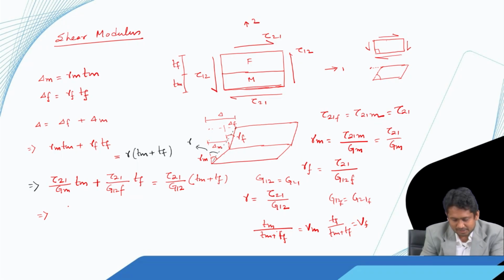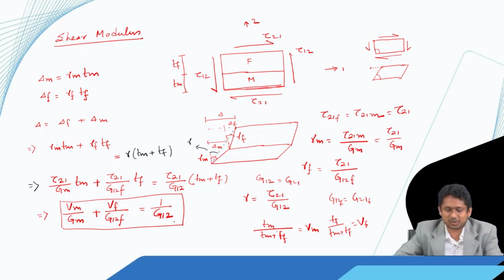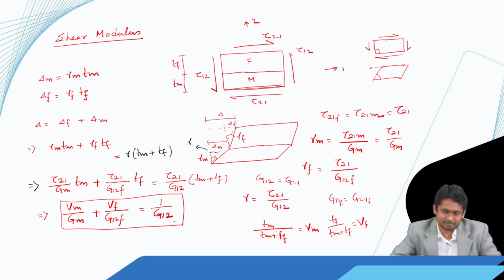So, we get Vm by Gm plus Vf by G12f is equal to 1 by G12. So, this relation is again same as what we got for the transverse case. So, the reciprocal of G12 is equal to a weighted combination of Gm and G12f, where the weight factors are Vm and Vf.